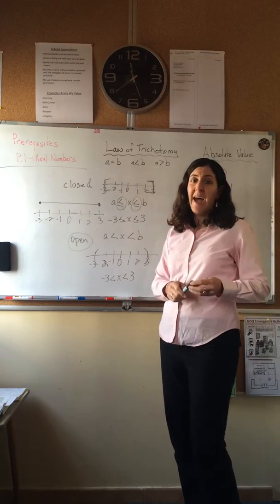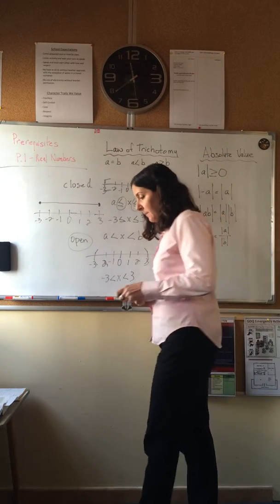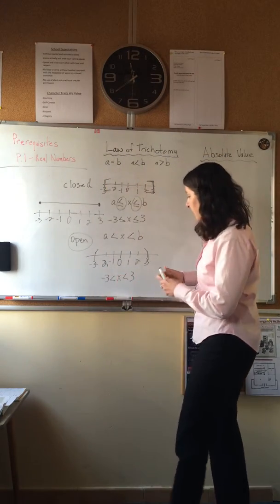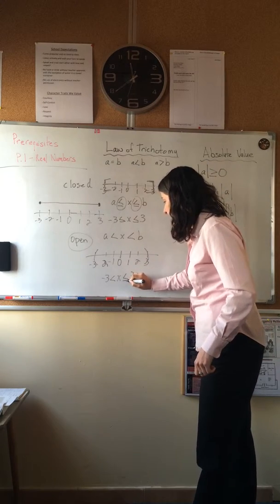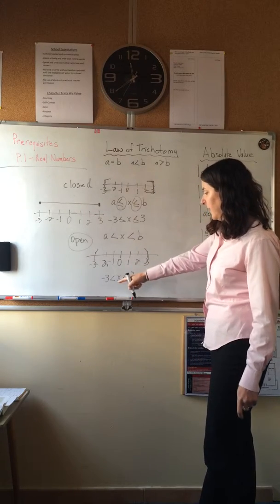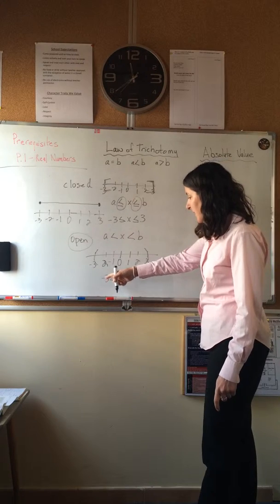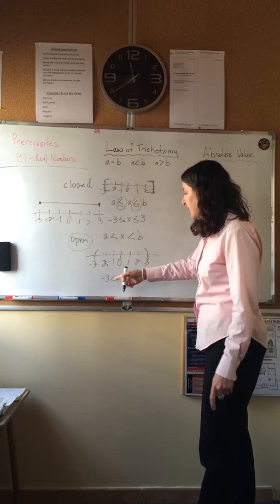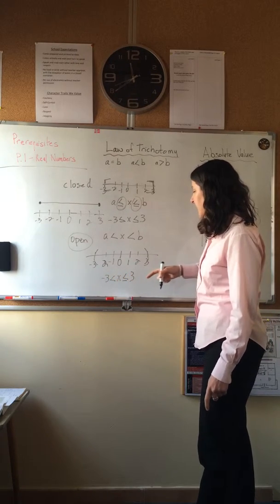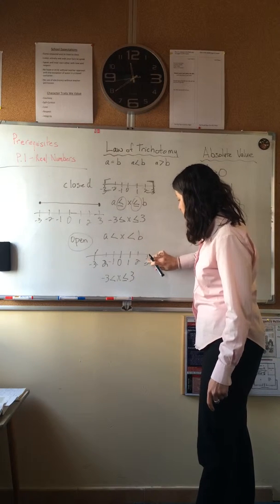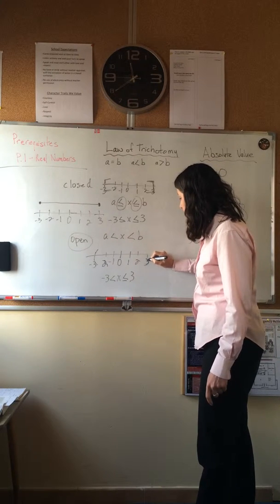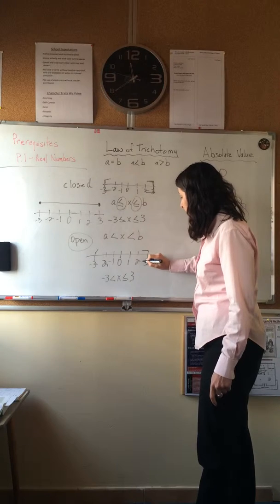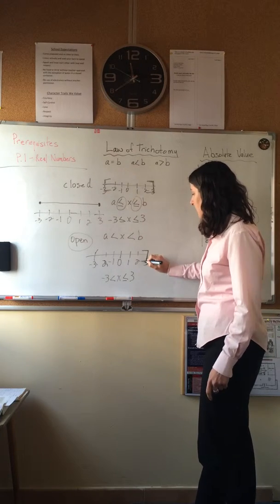You also have half open values. Well, if you had, let's say, -3 is greater than X is less than 3, then all of a sudden this one on 3 would become a square bracket, a closed bracket.